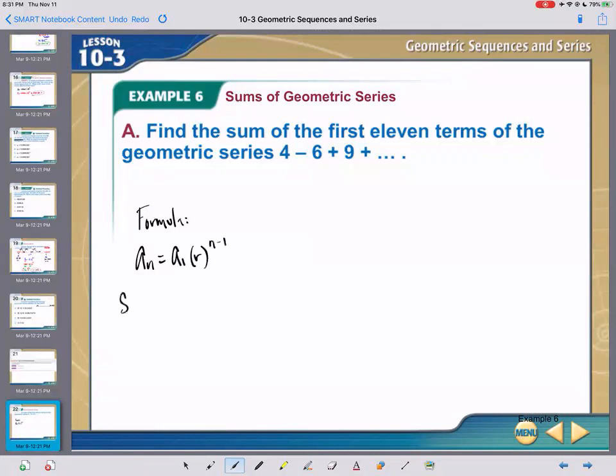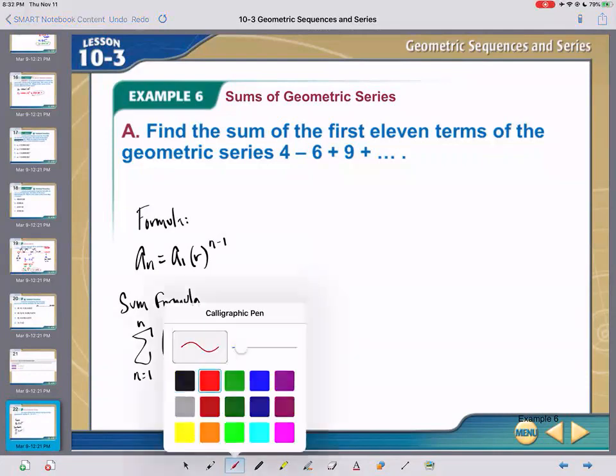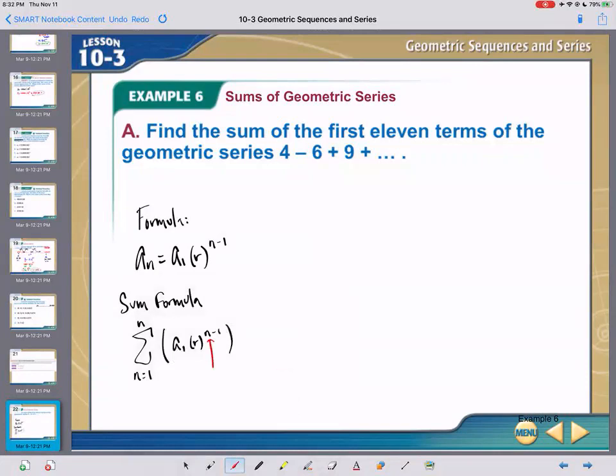If I'm doing a sum, the only thing I exchange is instead of an equals, I replace that with sigma. a1 times r to the power of n minus 1. And by way of reminder, this n never gets replaced. Like I said in the Bellringer, never replace n inside of sigma.